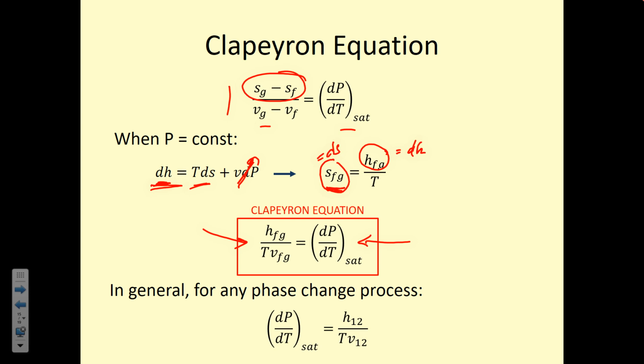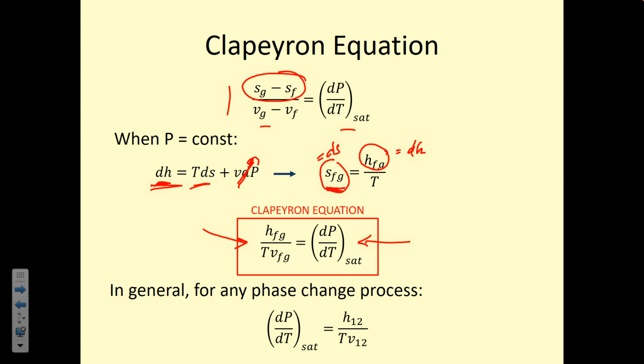So depending on which one of those sides of the equation we know and can measure, then we can figure out the other one. So this is how a lot of the curves have been generated, because they were able to do these experiments. They were able to determine how much energy it required to induce phase change, and by doing so they can figure out the relationship between saturation pressure and saturation temperature.